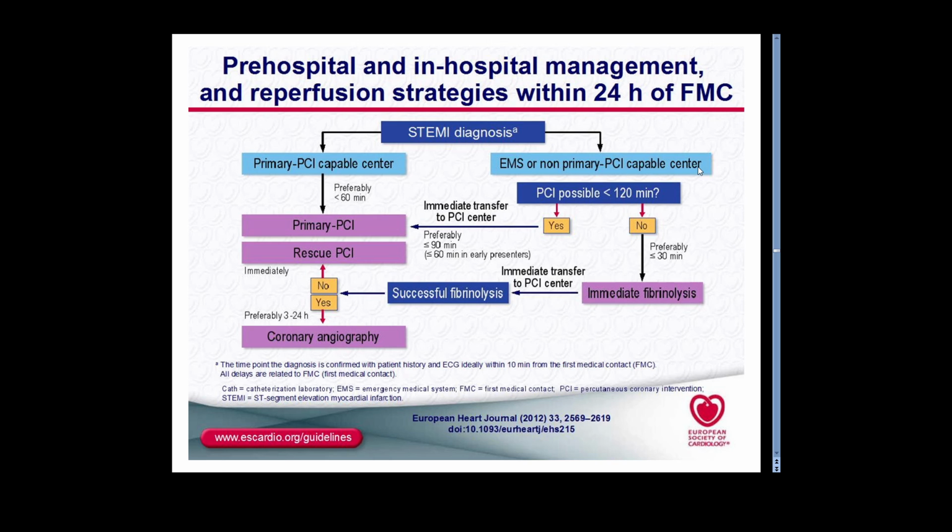And what is better, thrombolysis or PCI? It depends on the time of appearance of first signs and symptoms and on the time of transportation. If time of transportation to a primary PCI capable center is more than 120 minutes, we use thrombolysis, immediate fibrinolysis.